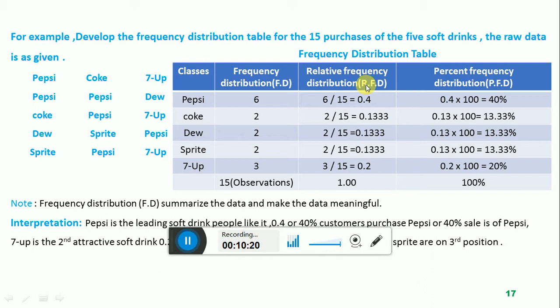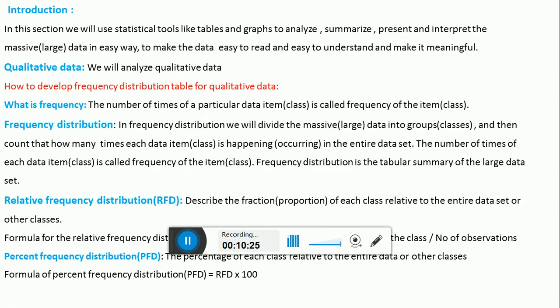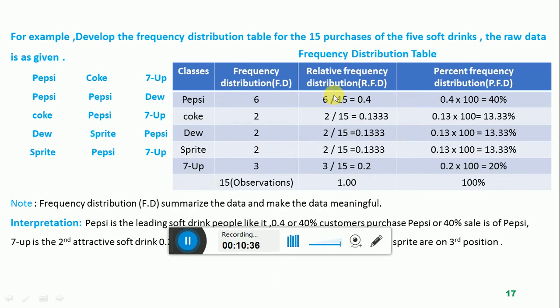The formula is that RFD is equal to the frequency of the class divided by the total number of observations. So this is clear. I calculate RFD mathematically here.